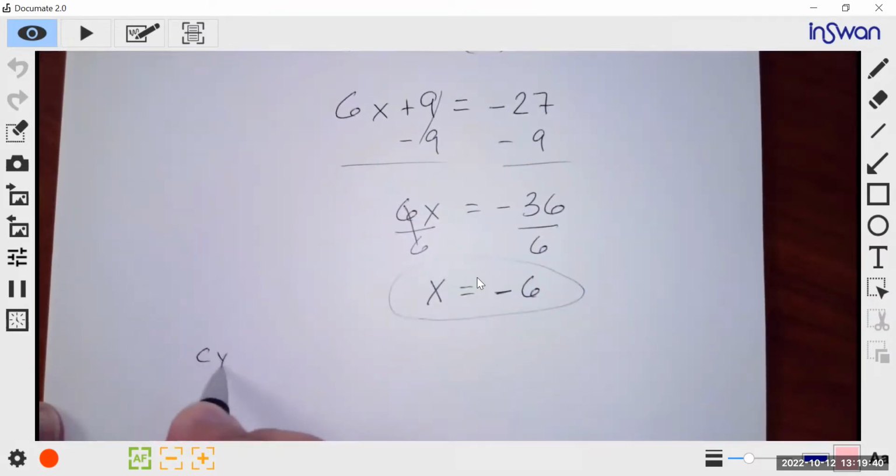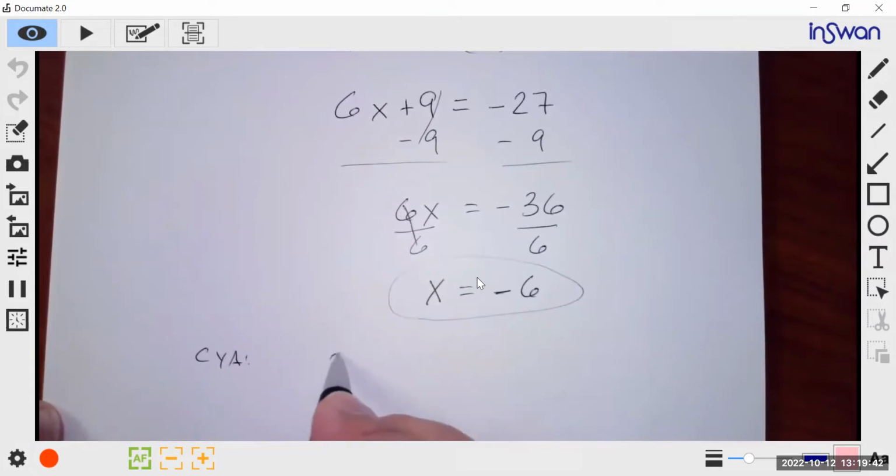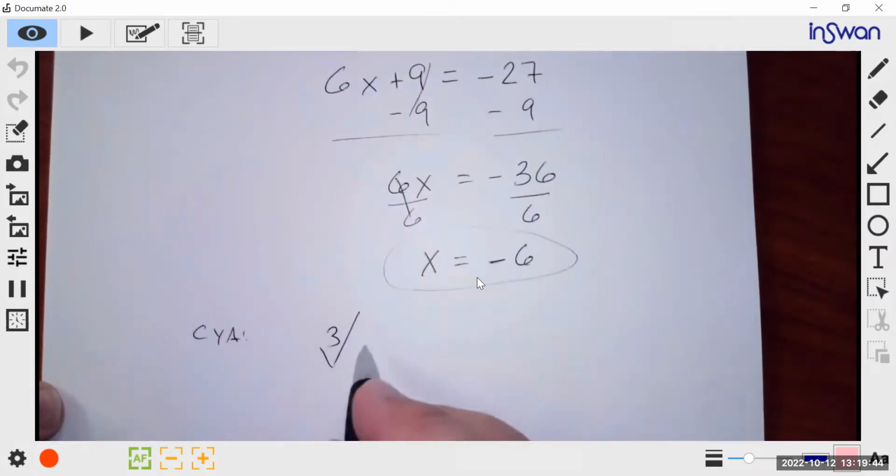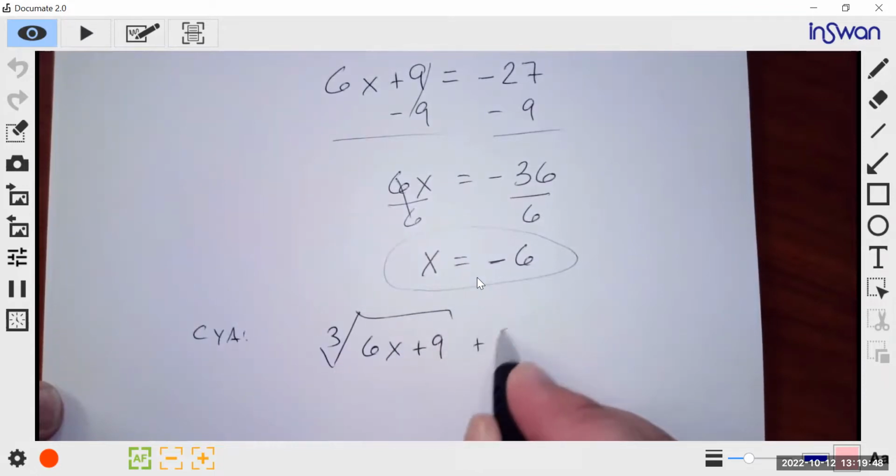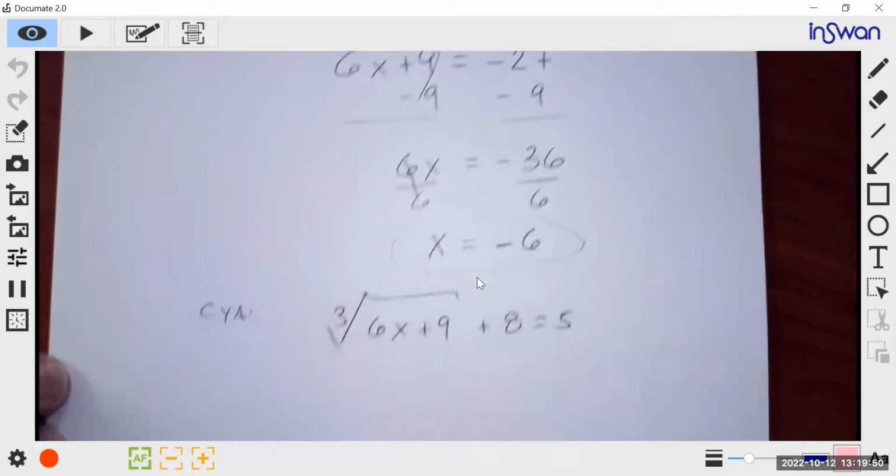Again, we have to check our answers. Remember, our equation was the cube root of 6x plus 9 plus 8 equals 5.